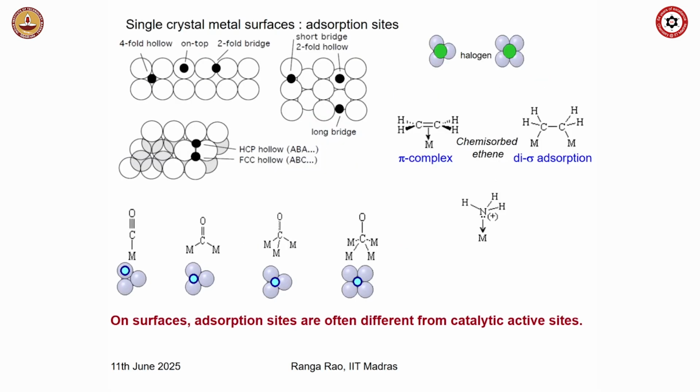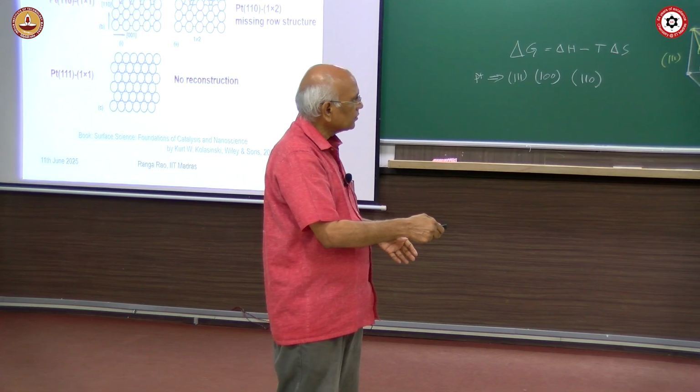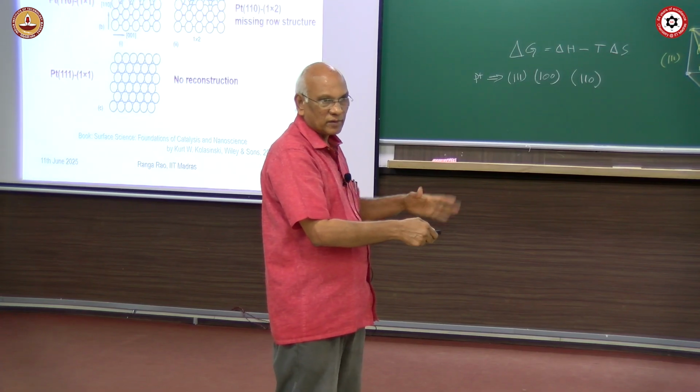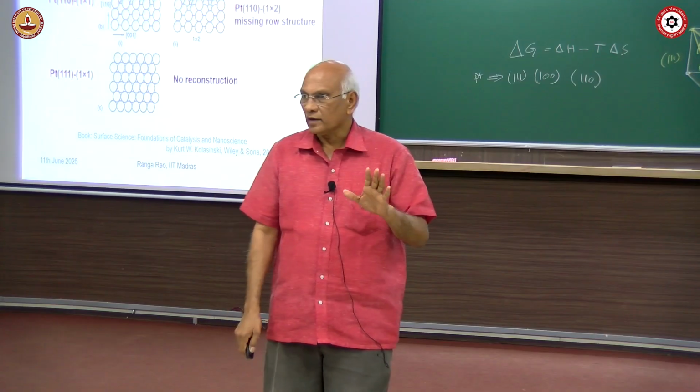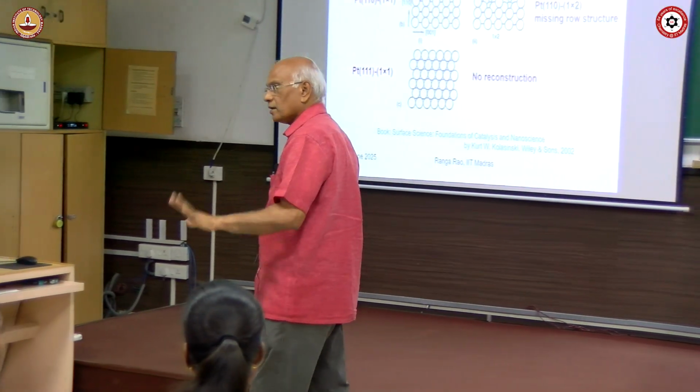Now, when you make this platinum 110 surface, the surface atoms immediately reconstruct and give you a reconstructed surface like this. You remove alternate rows, and you get this one. So one row is missing. This phenomenon is also observed on the platinum surface.